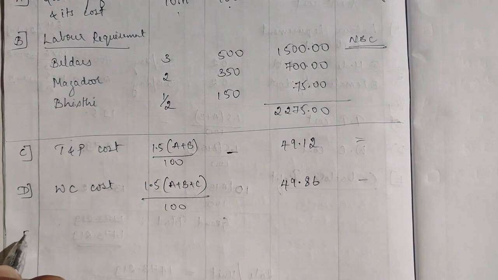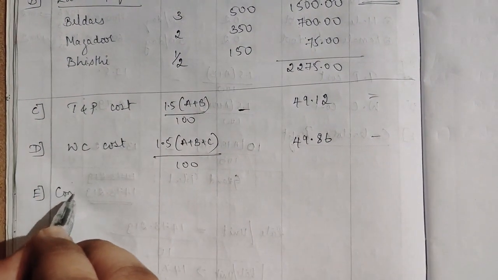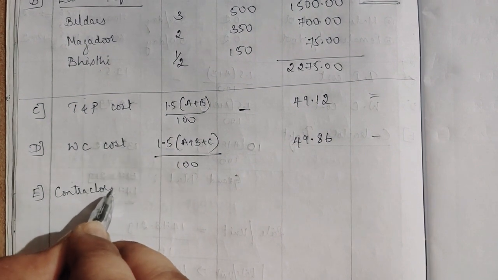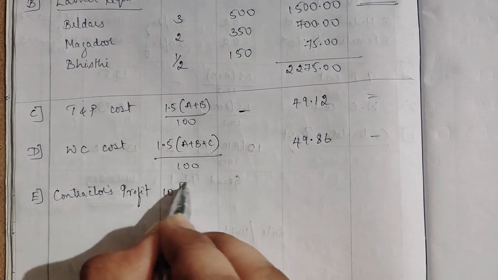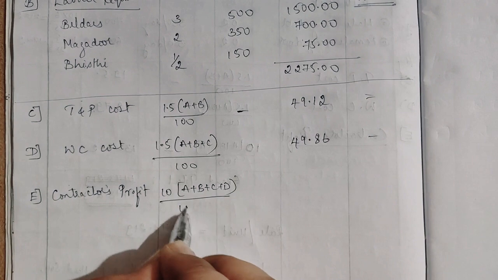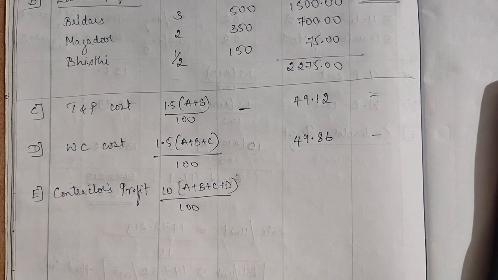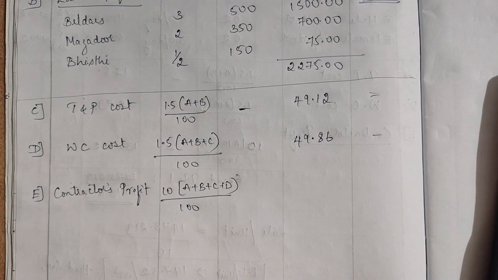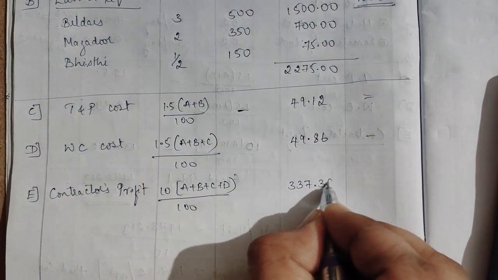Okay, next step is your contractors profit, that is 10% of A plus B plus C plus D divided by 100. So 49.12 plus 2275 plus 1000 into 10 divided by 100, that will be 337.39.